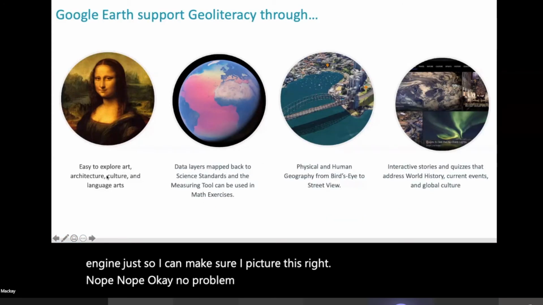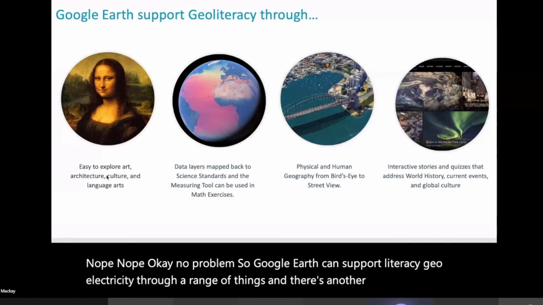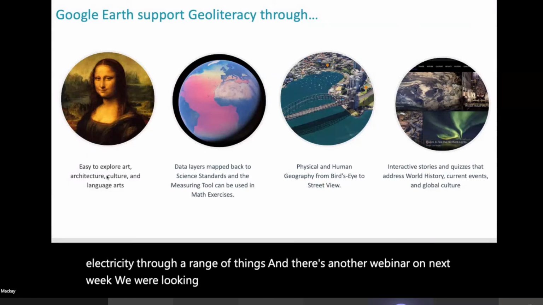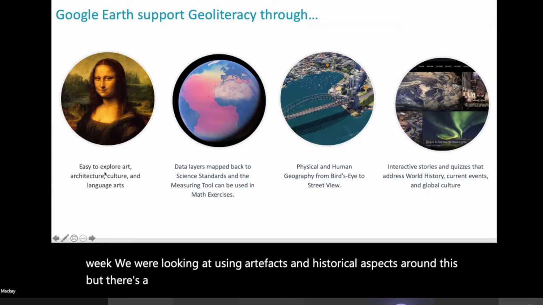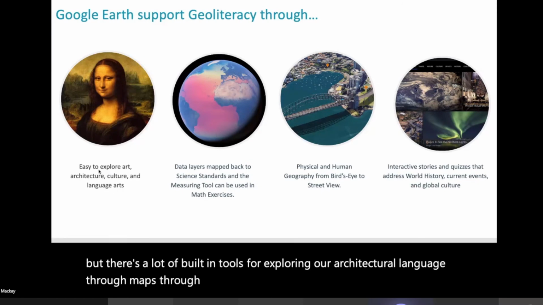Okay, no problem. So Google Earth can support geoliteracy through a range of things, and there's another webinar on next week where we're looking at using artifacts and historical aspects around this. But there's a lot of built-in tools for exploring art, architecture and language through maps through Google.